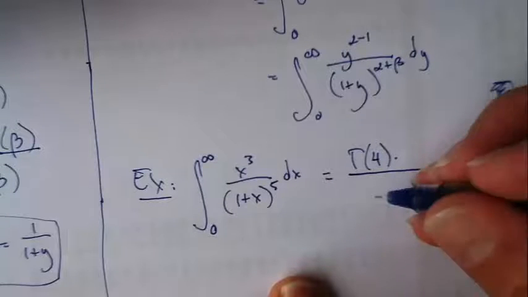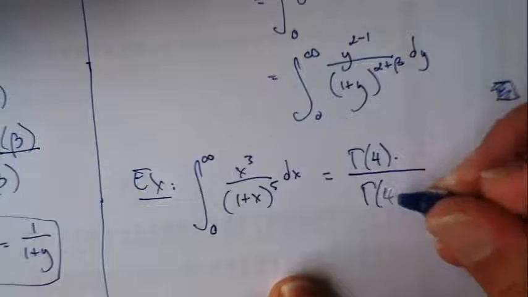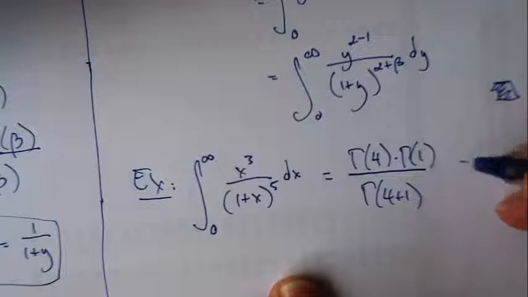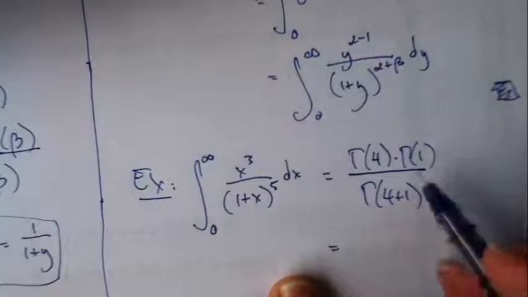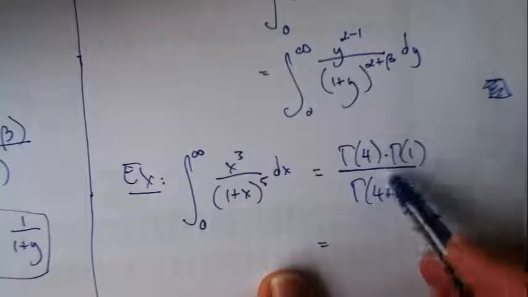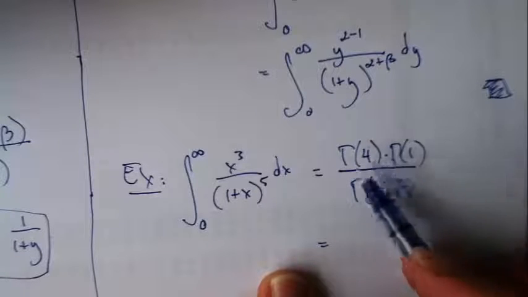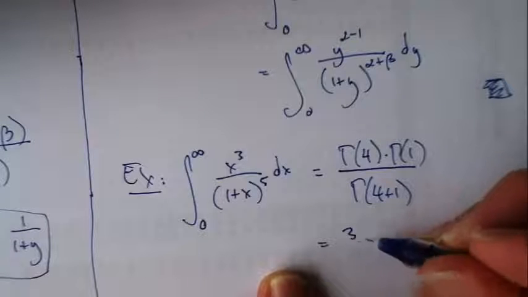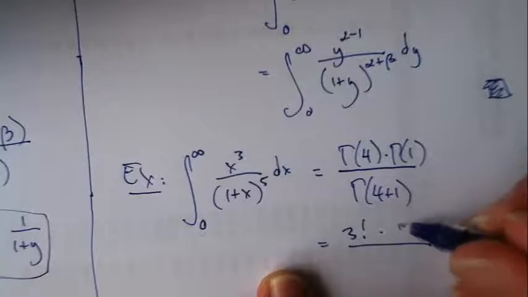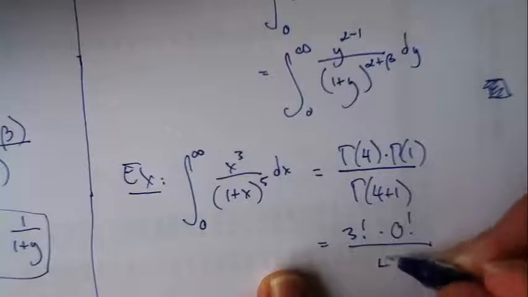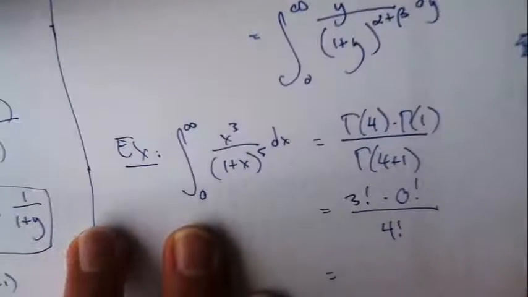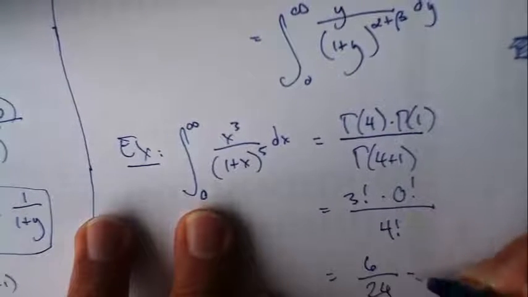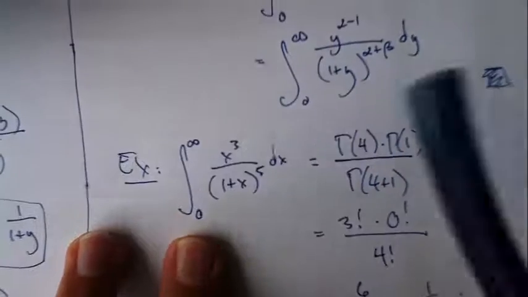This stuff down here, this is gamma of 4 plus 1, right? Gamma of 1, right? Because these are integers, remember gamma of an integer n is n minus 1 factorial. So this will be 3 factorial times 0 factorial over 4 factorial, which is 6 over 24. It's a quarter. Good job.